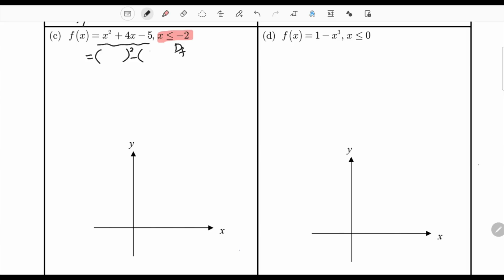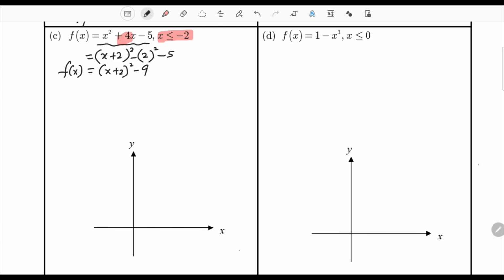So bracket squared minus bracket squared. Okay, so we have minus 5. Half of 4 will be 2. So (x plus 2) squared minus 2 squared minus 5. So simplify further. (x plus 2) squared minus 4 minus 5, minus 9. So that is your f(x).